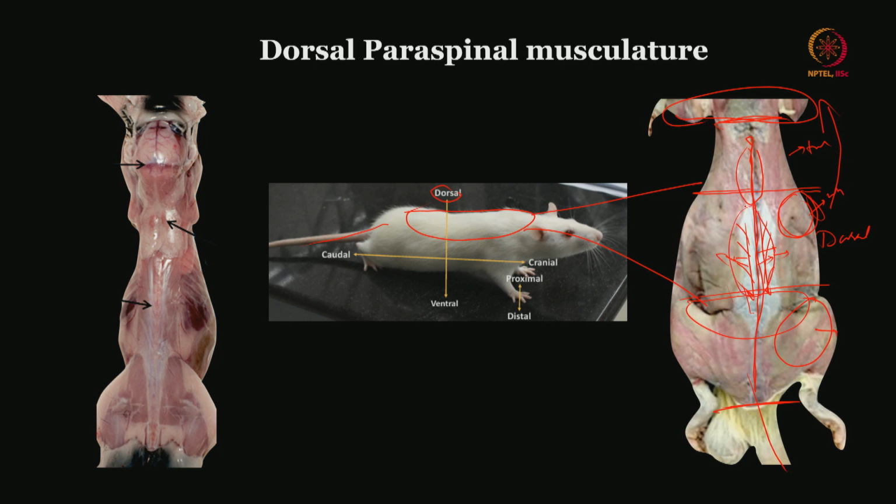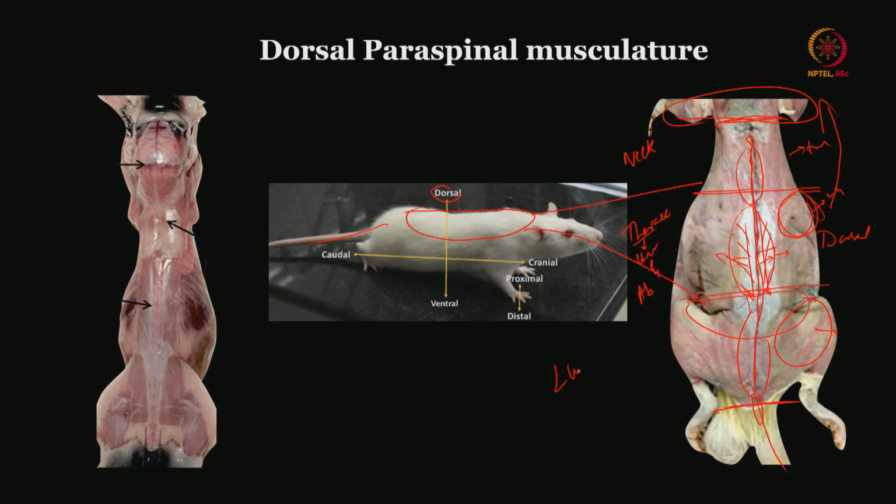So the cervical region refers to the neck. This is thoracic, that is the chest and abdomen. On the dorsum it is called thoracic vertebra. Then the lumbosacral and coccygeal, which refers to the tail.